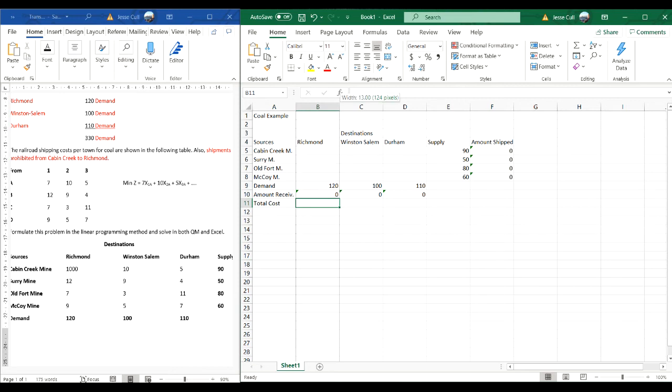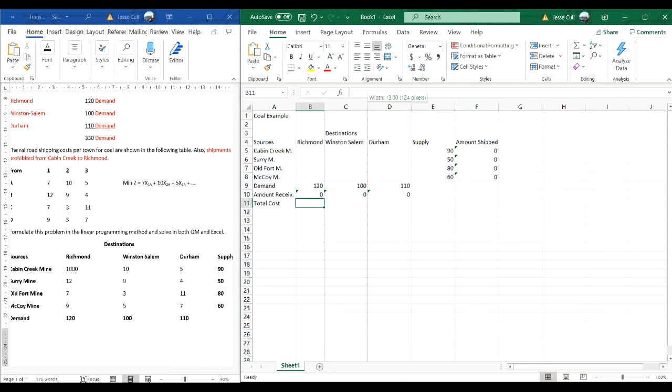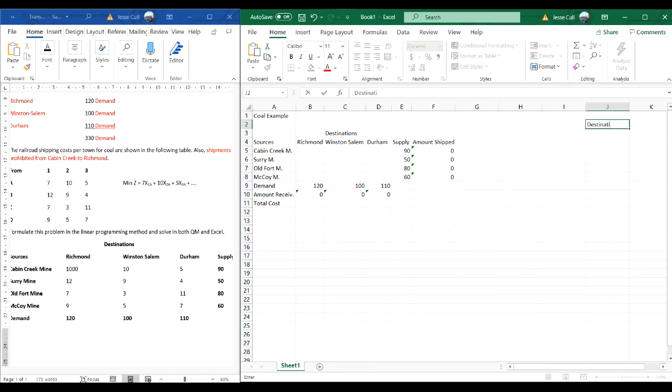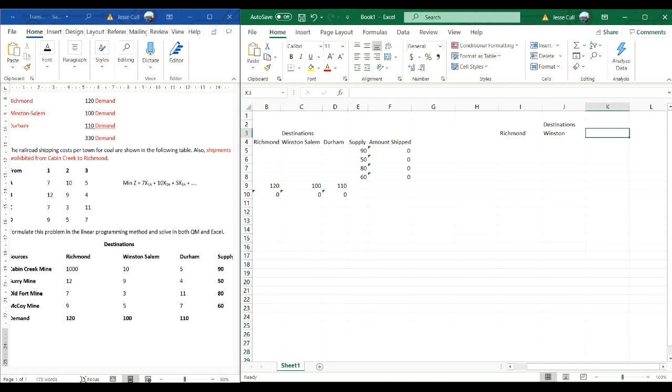First, we'll minimize some of these columns to make things a little more clear on our miniature spreadsheet. Over here we have destinations: Richmond, Winston, Durham.